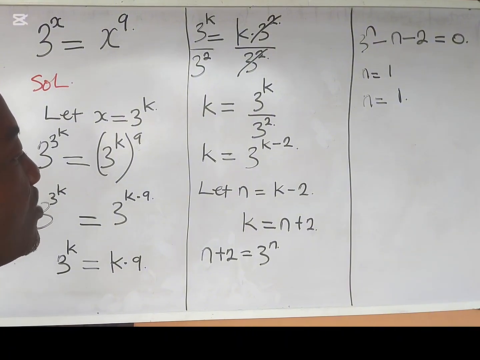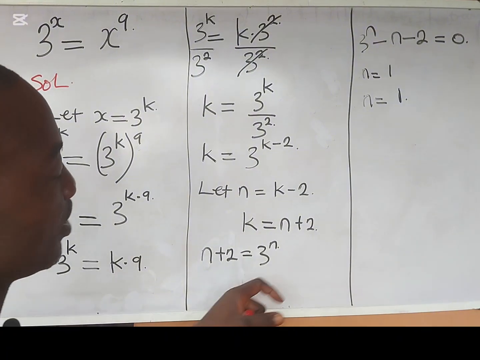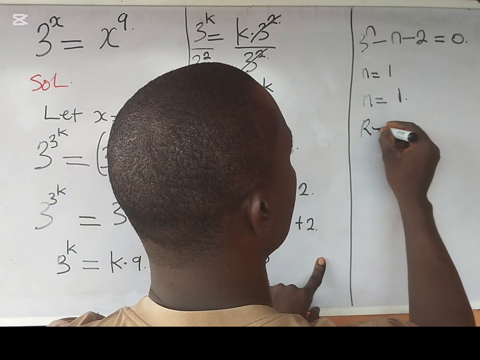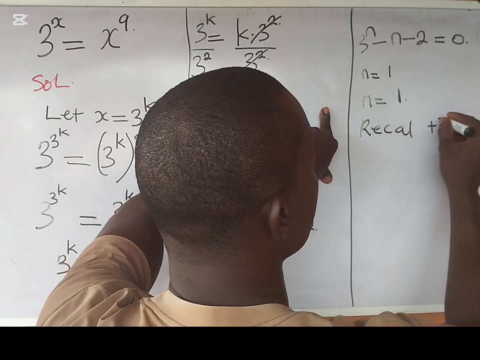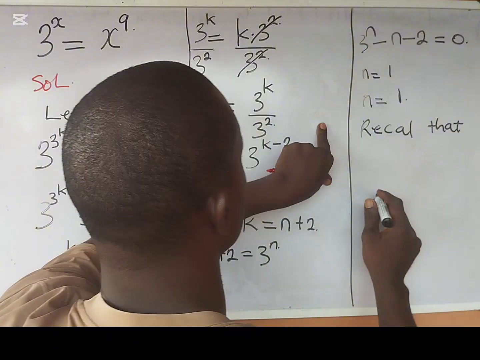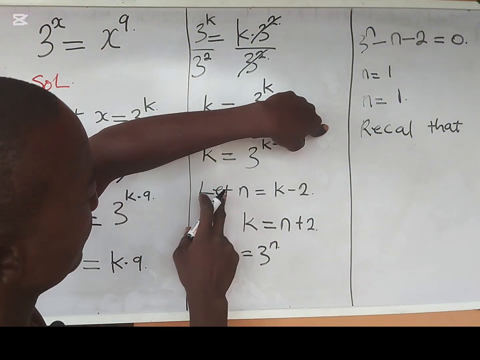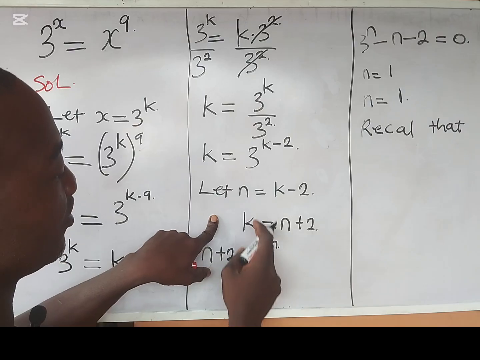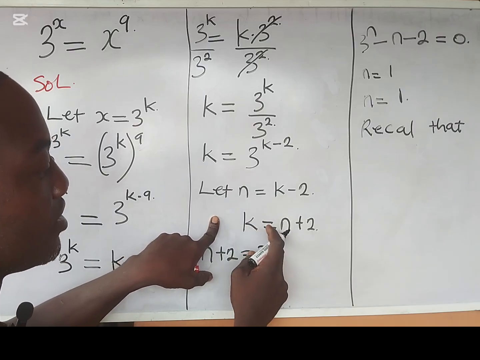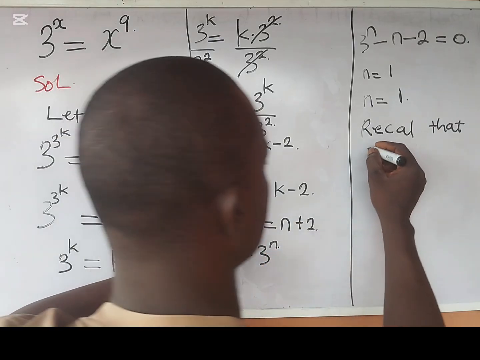Now, the next thing we are going to do is to recall that from here, k is equal to n plus 2.